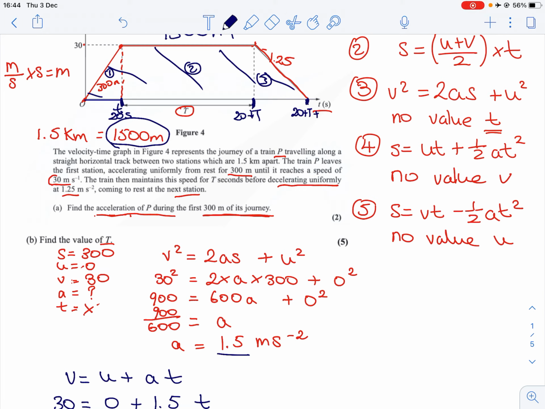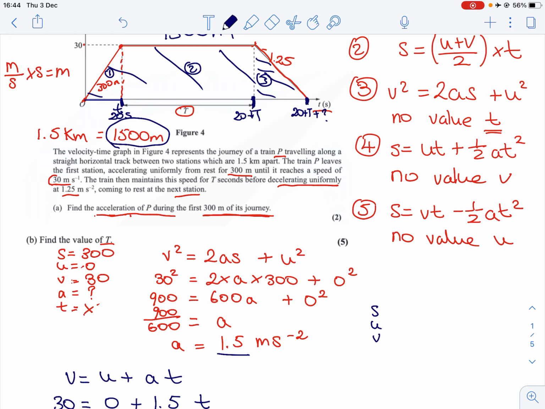So we're considering part 3. So how long would it take for me to get from this point to this point? So what's going to be this value here? So again, I'm considering my SUVAT for the deceleration.